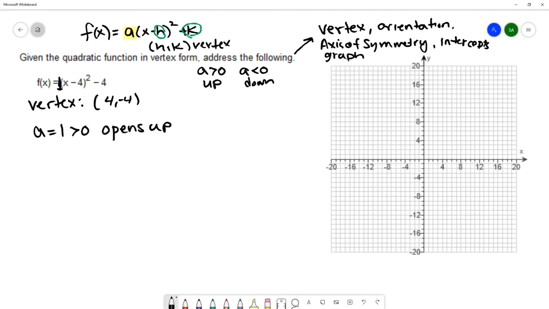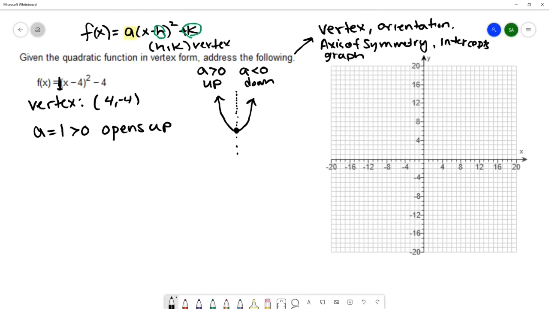Then we want to find the axis of symmetry. When you have the graph of a quadratic, it's a parabola. And if you draw a vertical line that passes through the vertex, you're going to see that the graph is a mirror image around that vertex.